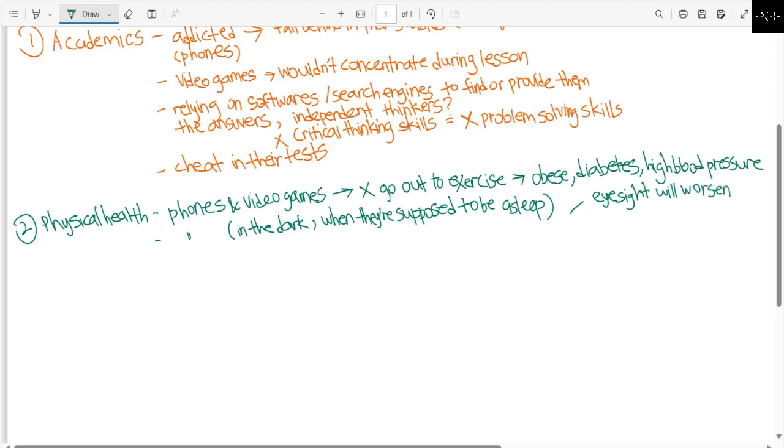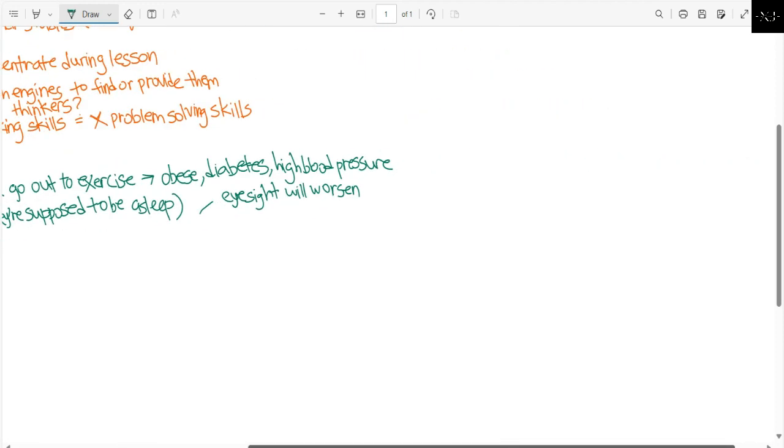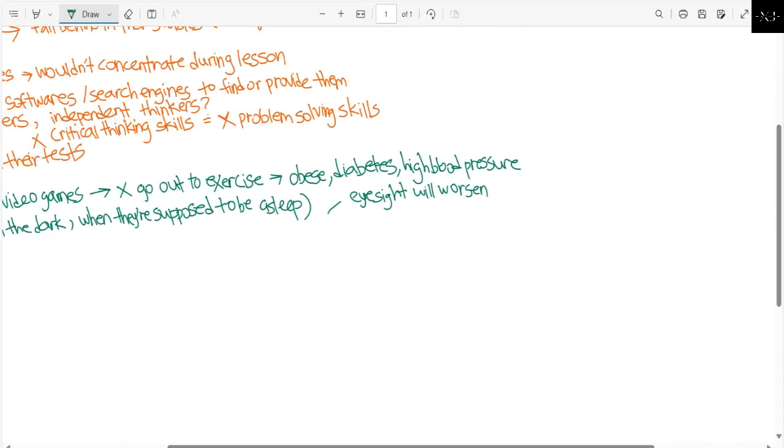If you want to add on a piece of news that you read on the internet, like legit, there was a piece of news that I read a couple years ago, I guess, about a child who was constantly reading social media posts in the middle of the night when they were supposed to be sleeping in the dark. Eventually that child became blind. So eyesight will worsen, and in serious cases, the person will become blind.